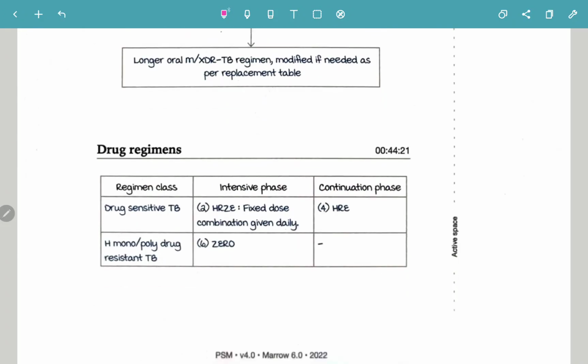Now let's look at certain drug regimens. If it is a case of drug sensitive TB, then you can give the normal fixed dose combination. So what is this fixed dose combination? We will give it in 2 phases. First 2 months is going to be your intensive phase, and then the next 4 months is going to be your continuation phase.